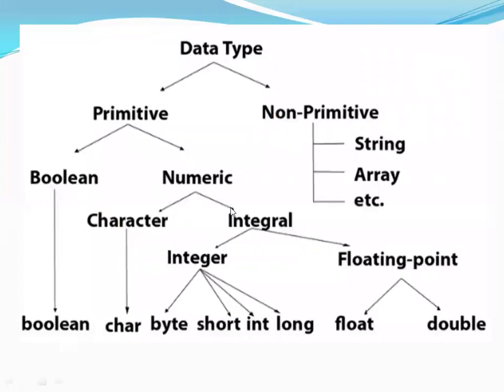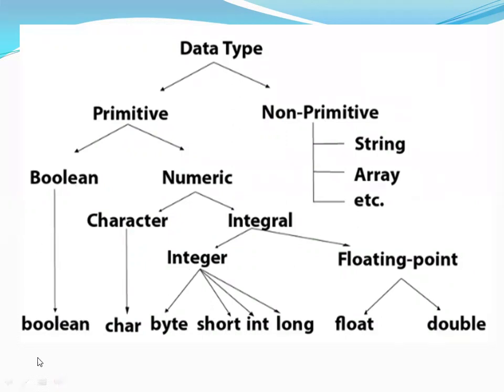See, now you need to understand more. Data types, primitive, non-primitive. Just now we discussed, right? String, array, etc. means classes. Primitive data types: boolean, numeric, character; inside numeric, integral, and inside that integer and floating points. So these are the data types which we are going to use.